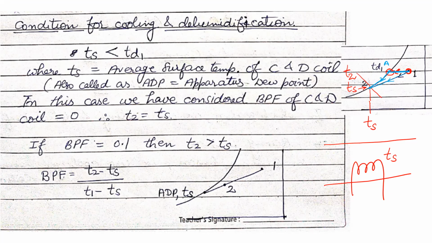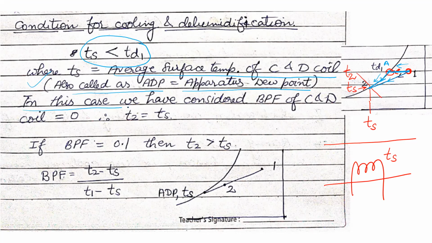First it goes along this direction and then along that direction. So this is the condition that the average surface temperature of the cooling coil should be less than the dew point temperature of the incoming air stream. Ts is the average surface temperature of the cooling and dehumidifying coil. It is also called ADP, or apparatus dew point temperature.